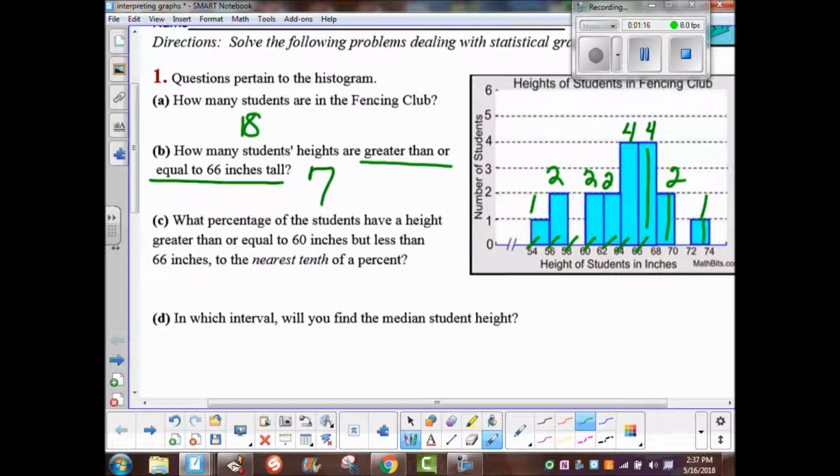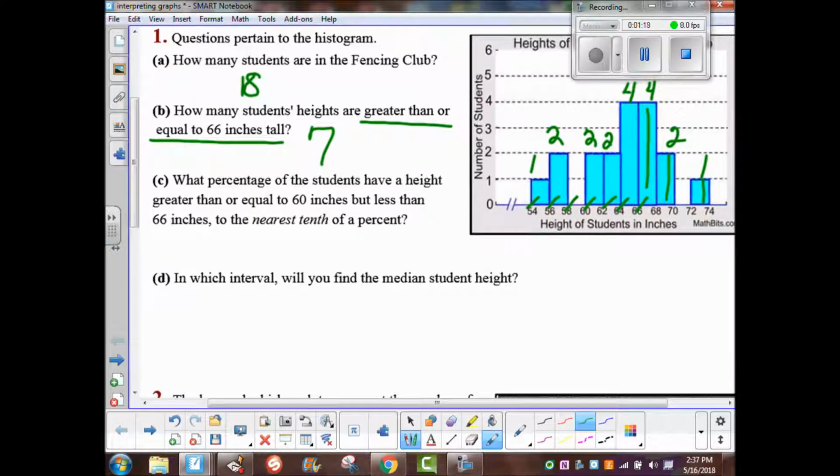greater than or equal to 66. Now this next one says, what percentage of the students have a height greater than or equal to 60 inches, but less than 66 inches, to the nearest 10%? Okay. So we've got to come up with that part over the total.